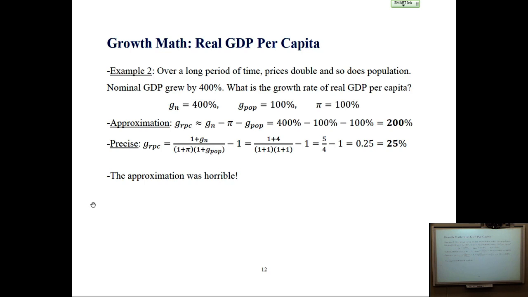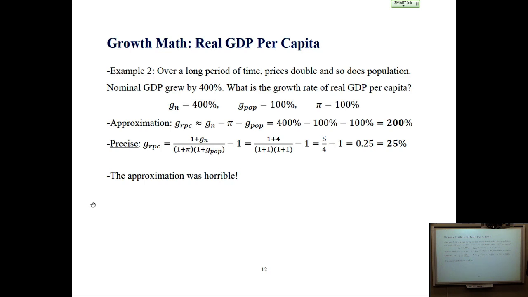So the approximation is really bad when you have big numbers. The actual growth rate is 25%. The approximation was off by more than 100%. Not good. So bear in mind, when you have large numbers involved, use the exact one. Now, a common question is, how large is large enough that you start using the exact one?